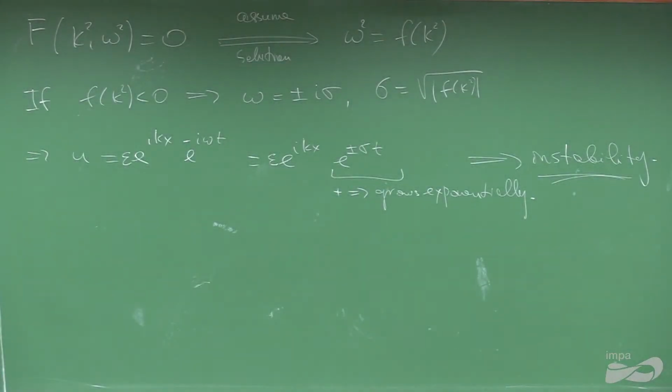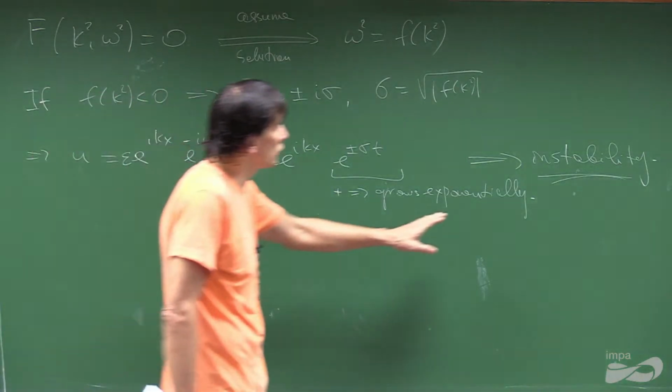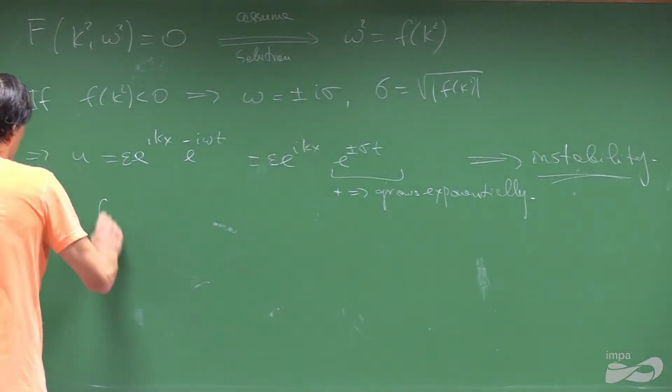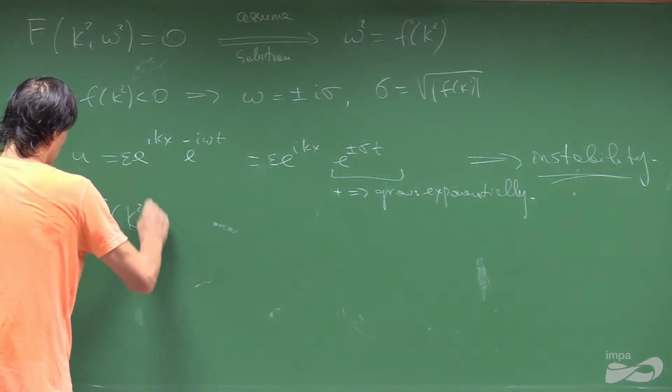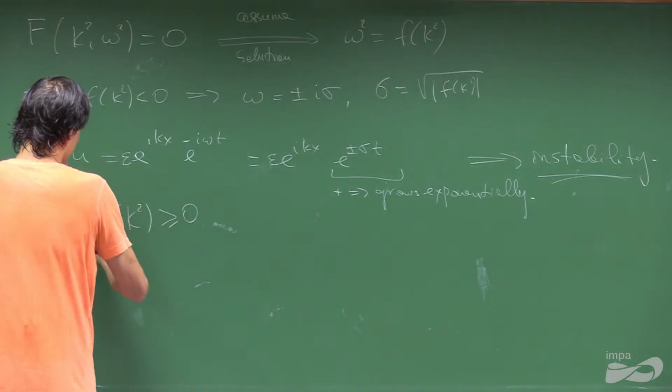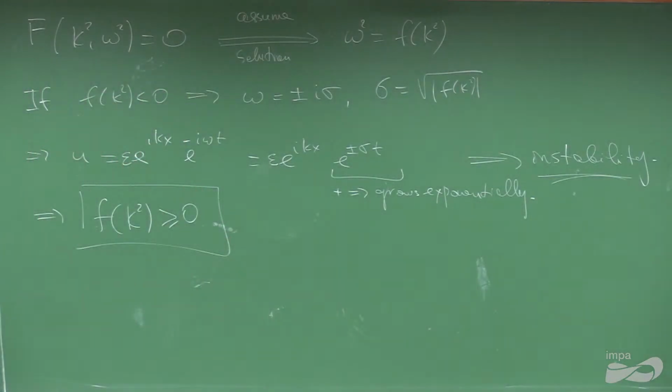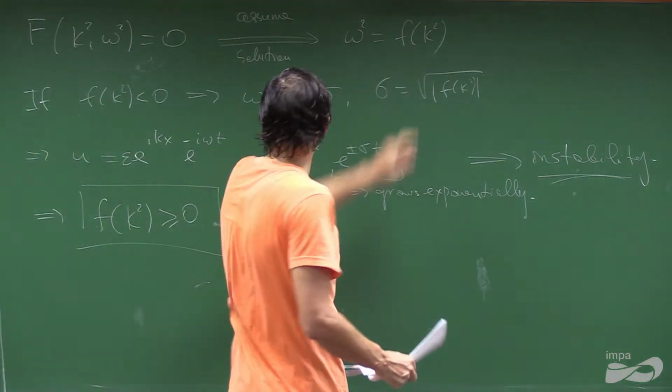One of the first hypotheses is that there should be no unstable solutions, which means, in other words, that the function f of k squared should be non-negative. And if the function is non-negative, we can take the square root.